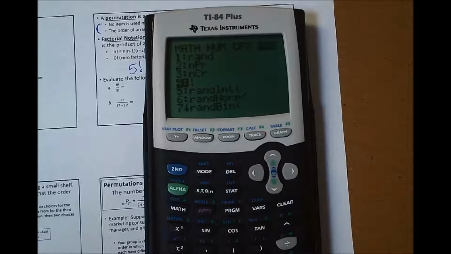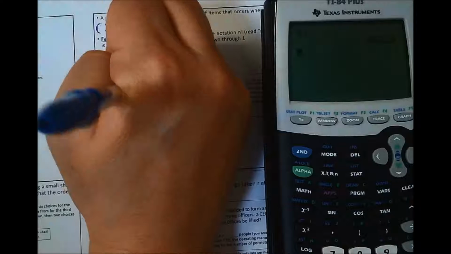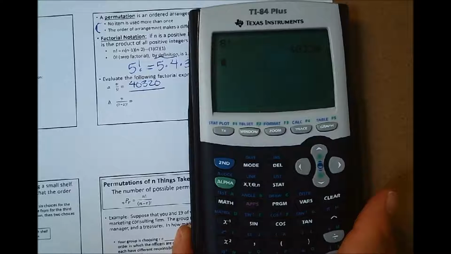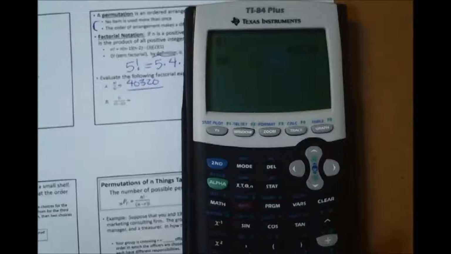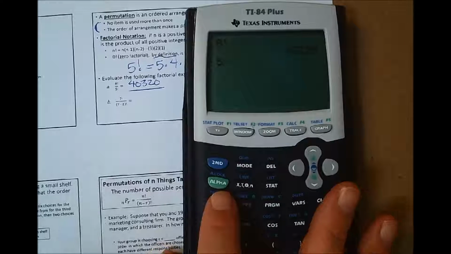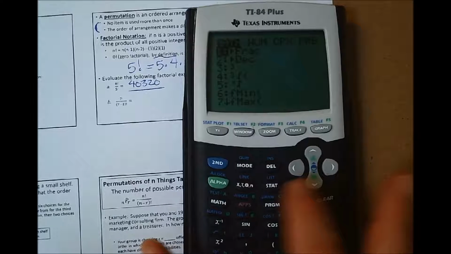8 factorial is 40320 over 5 factorial. We do the 5. And once again, we go up to math. Scroll over.